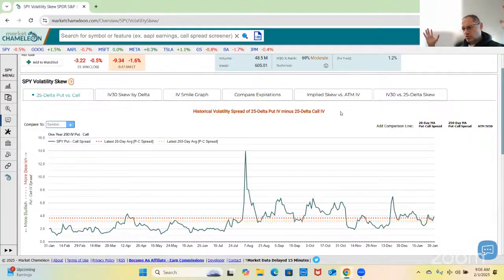And once we do that, we could also create an implied volatility smile for that 30 days. Okay, so we're looking at the options that are around 30 days, and we're creating a 30-day constant maturity smile.